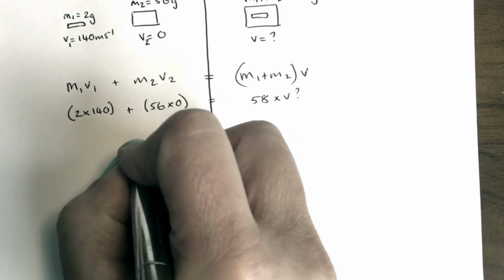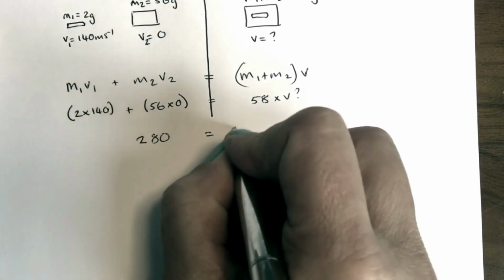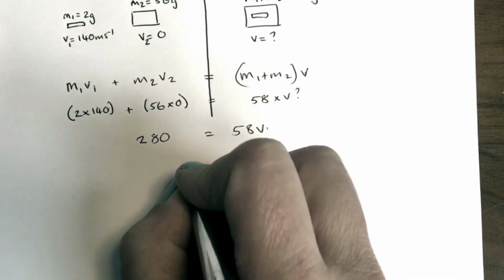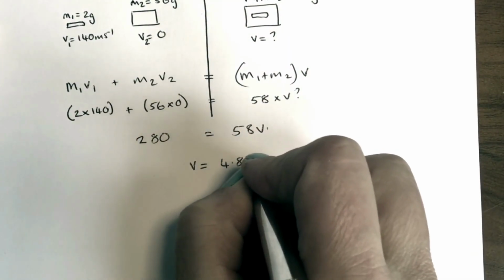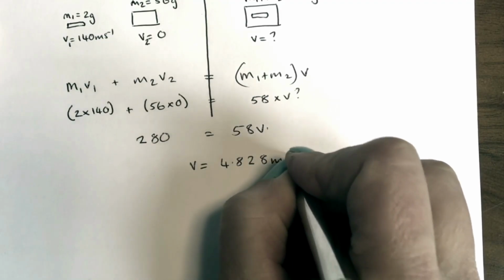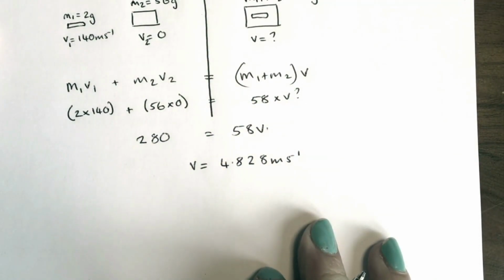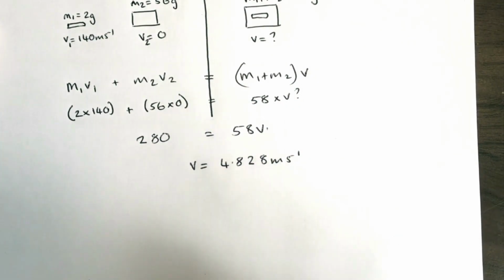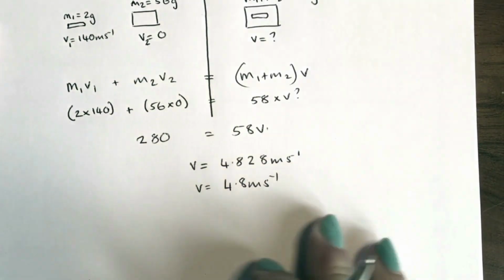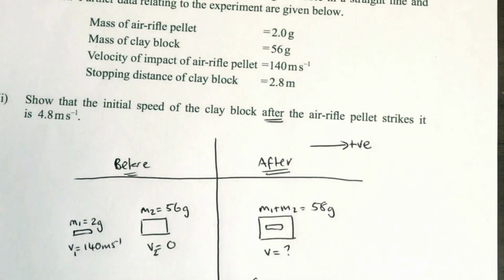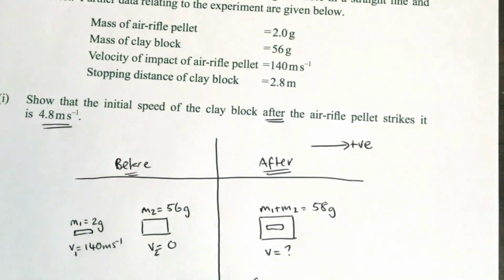So we have 280 equals 58v. V equals 4.828 meters per second. All the data is given to 2 significant figures, so V equals 4.8 meters per second. And if we go back to the original question, we have proved the answer.